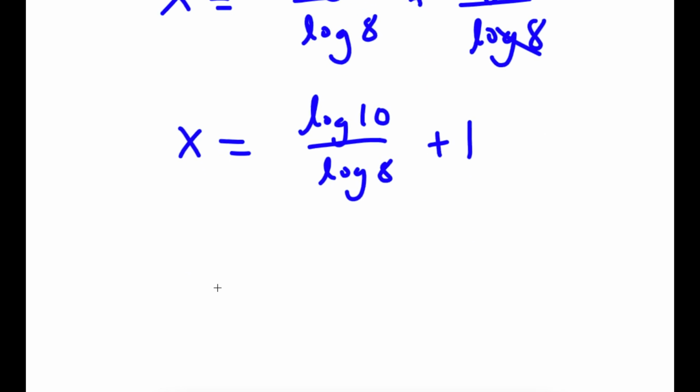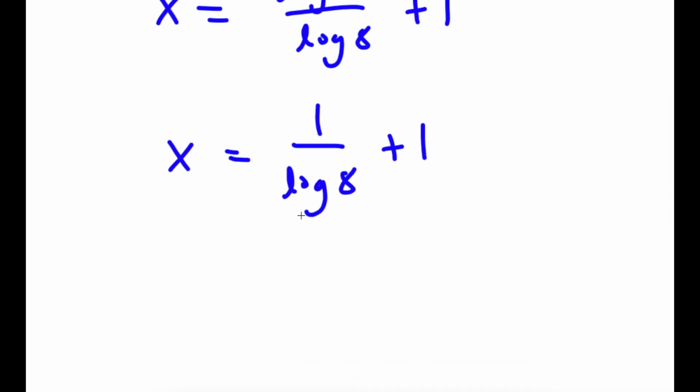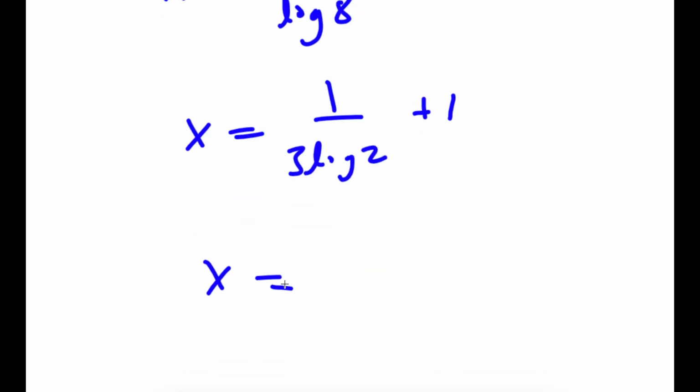And log 10 is also 1, so I have x is equal to 1 over log 8 plus 1. So log 8, that's the same thing as 3 times log 2, and x is equal to 2.1074.